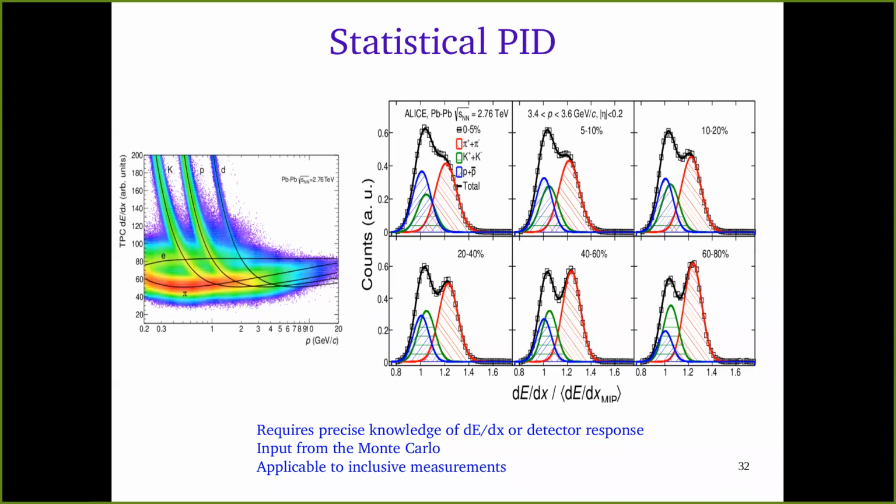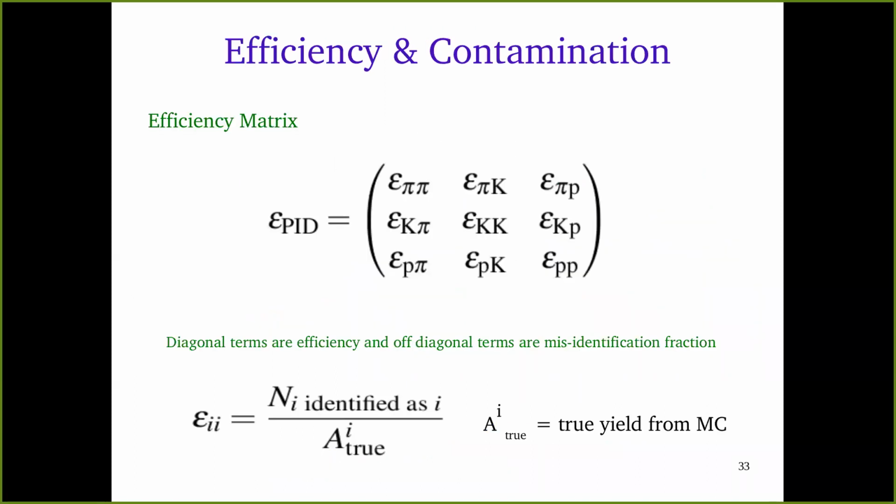So having said that, now I move to one of the important parts, which all of you know and all of you use, the efficiency and contamination. So what is this efficiency and contamination?